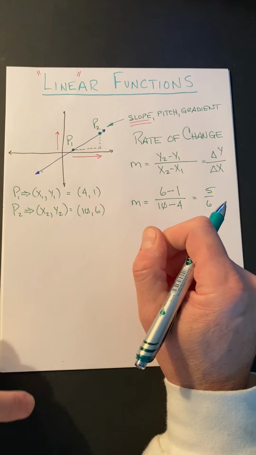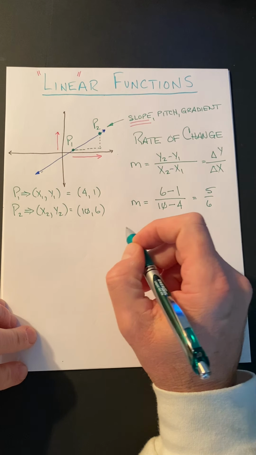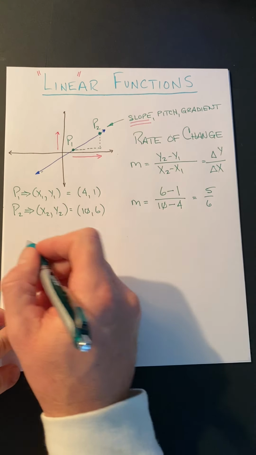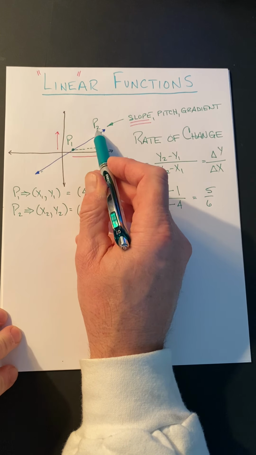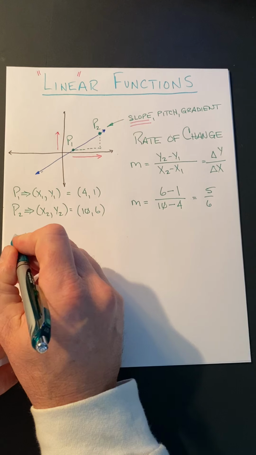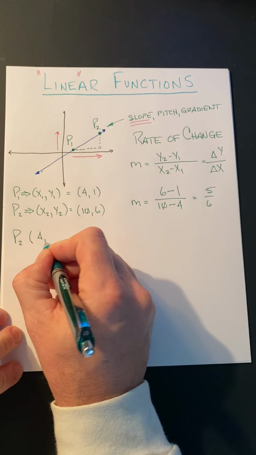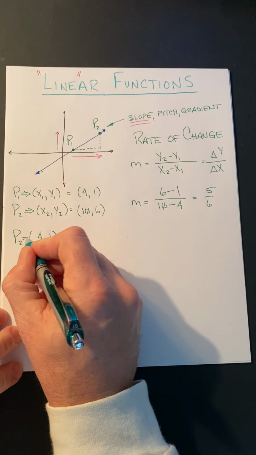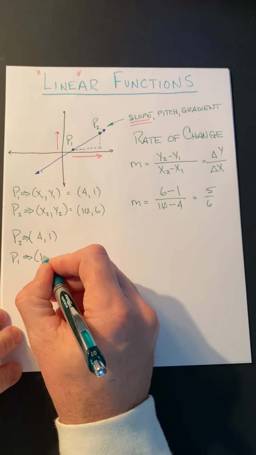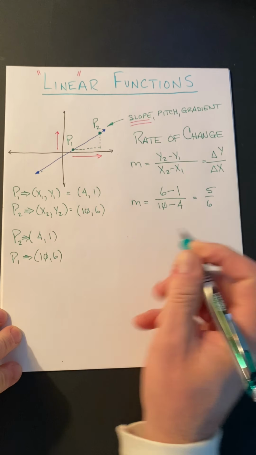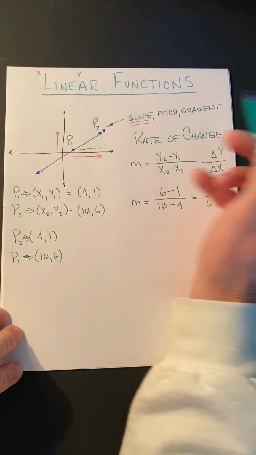Okay, now again, I pointed out that slope does not change depending on the direction I'm going. And that's good because this just depends on how I label things, right? What if I had said P2 was the point 4, 1, and P1 was the point 10, 6, right? I mean, I could have called that P1 and that P2 just as easily as I did what I did.